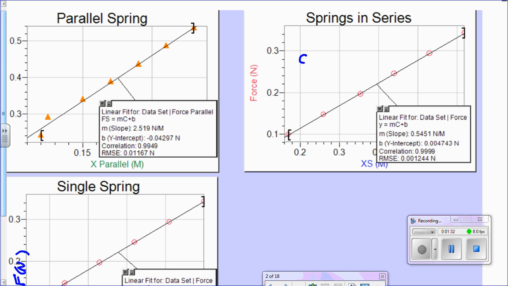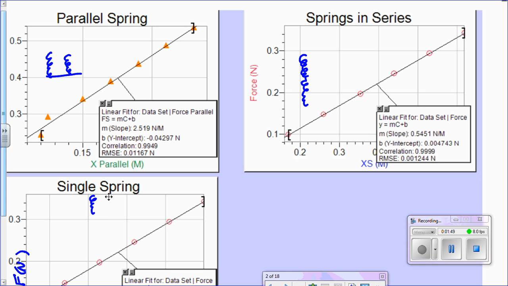Remember, series was like this, with two springs stacked, and parallel would be two springs next to each other and attached in some way.